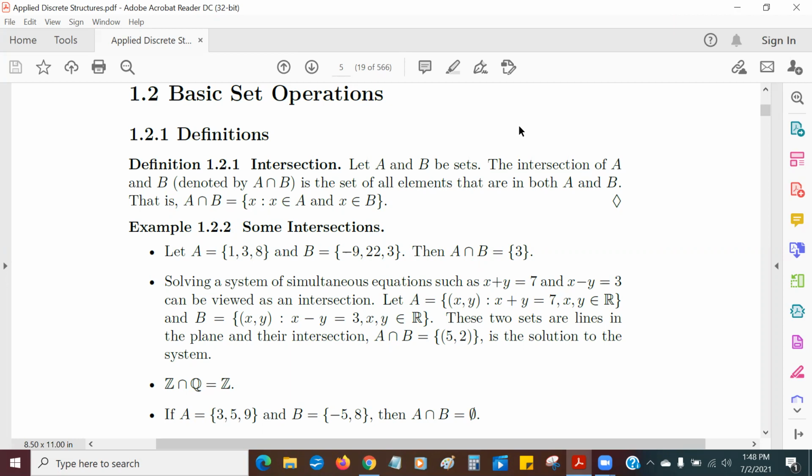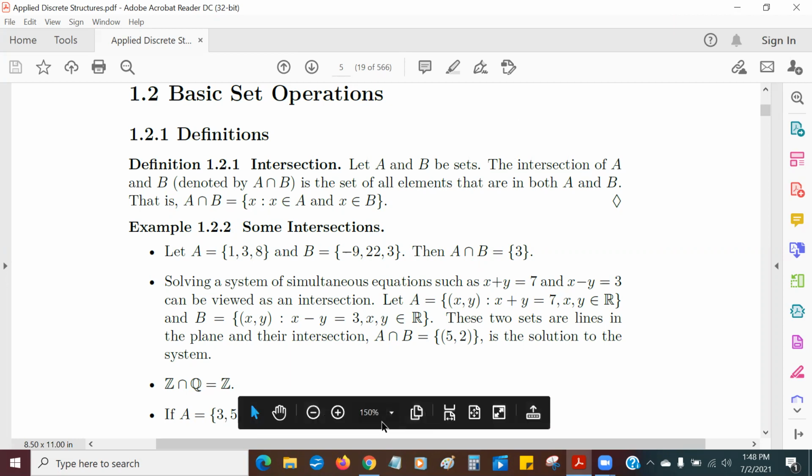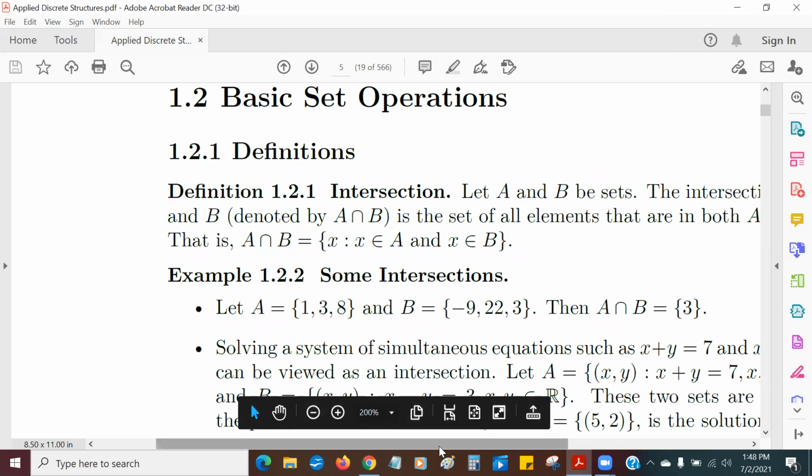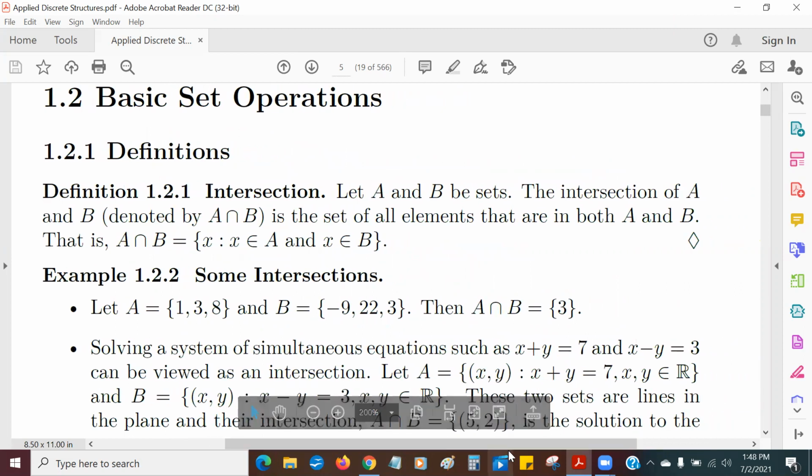Anyway, so intersection. The intersection of two sets, which we denote with a symbol sort of like an upside down U, is the set of all elements that are in both A and B. So you could write it as the set of all x such that, where the two dots also mean "such that," x is an element of A and x is an element of B. So "and" means intersection.